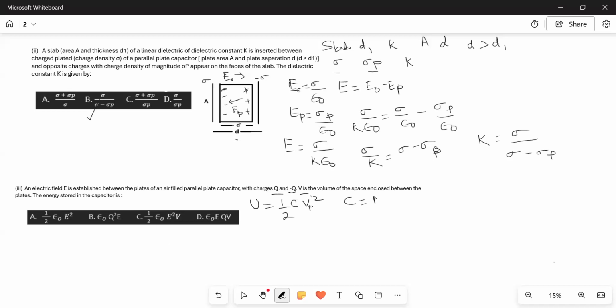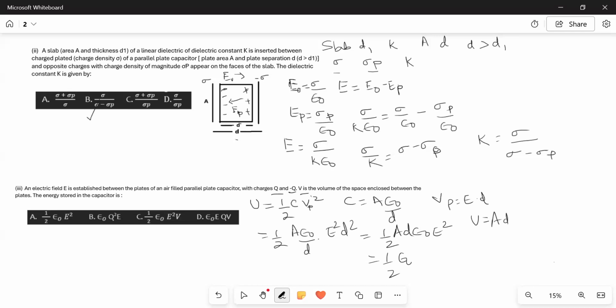C is given by A epsilon naught by D. Vp is electric field into D. We substitute the values, we get A epsilon naught by D into E square D square. One D cancels, we get 1 by 2 A D epsilon naught E square. A into D is volume, so we get half epsilon naught E square into V. So the correct option is C.